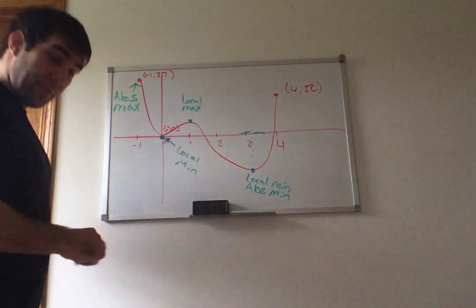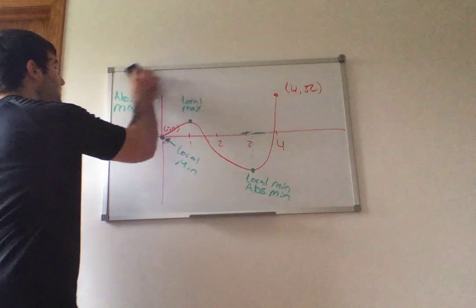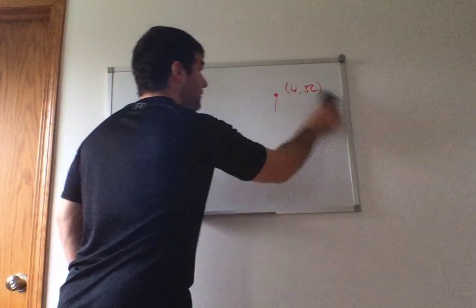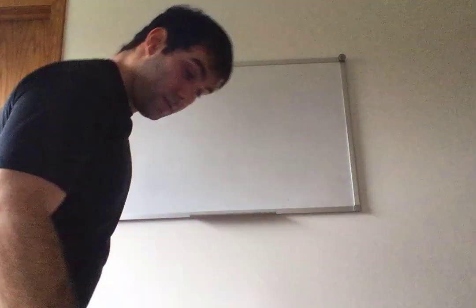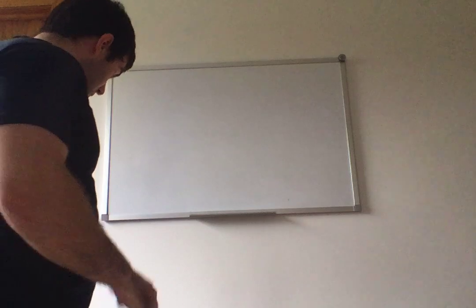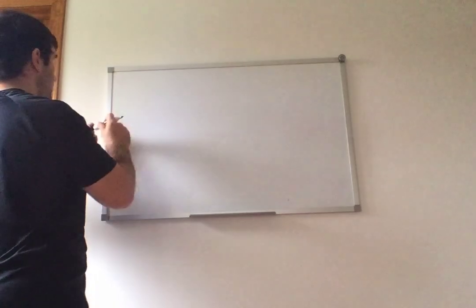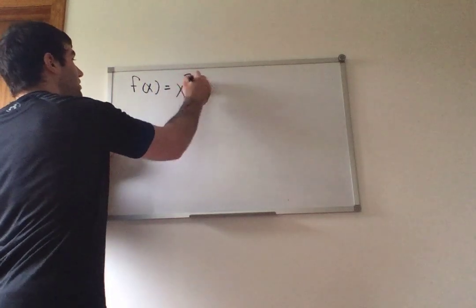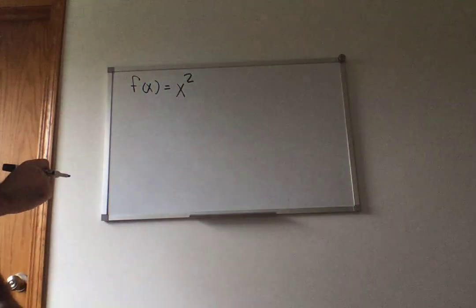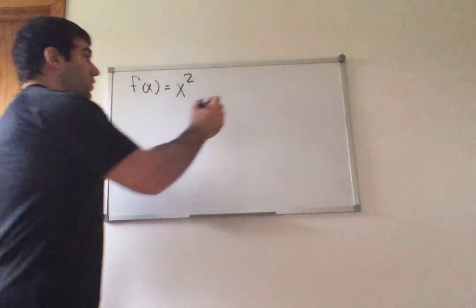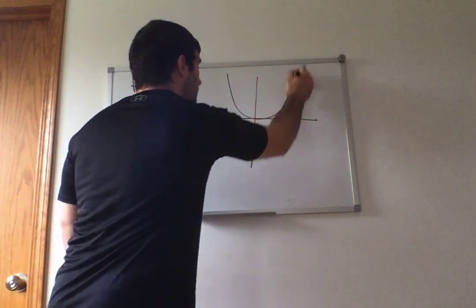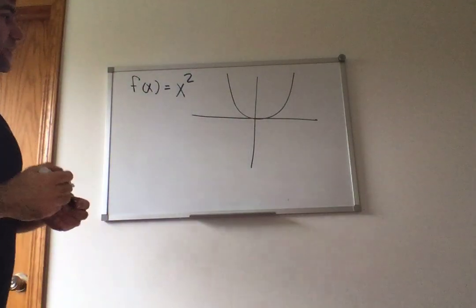Okay, so now for the last example in this video, we look at a very simple function, which is just x squared. So if I were to draw the graph of x squared, it's right there.